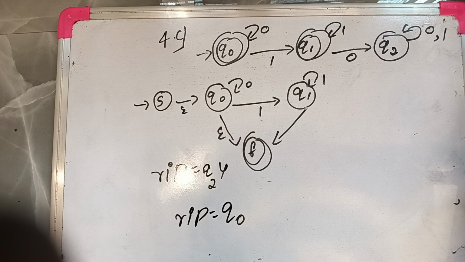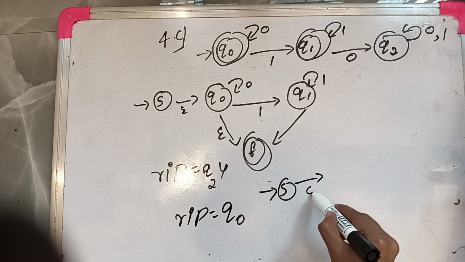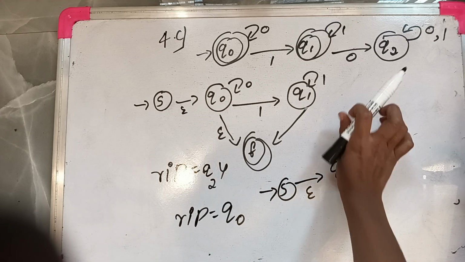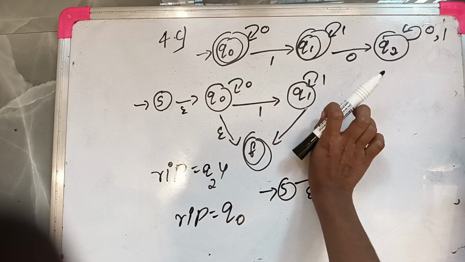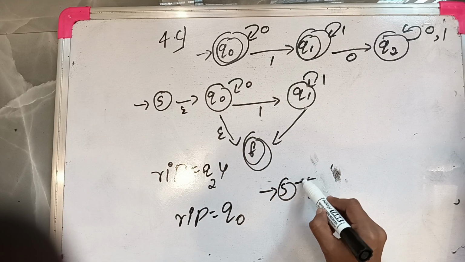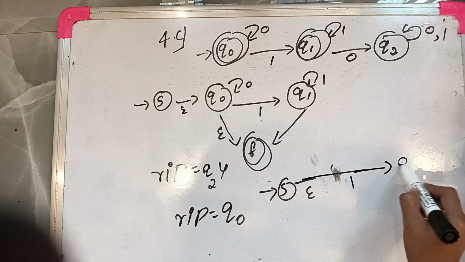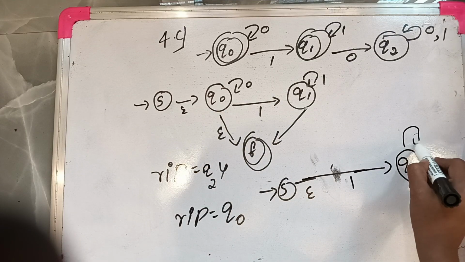What happens if I remove q naught? Epsilon, and here it goes the same, 1 to q1 and a self loop of 1.